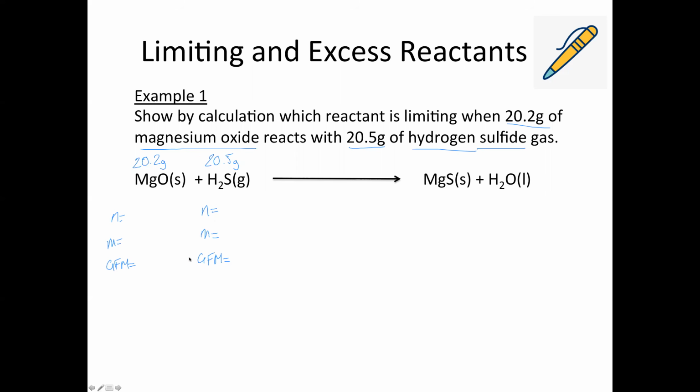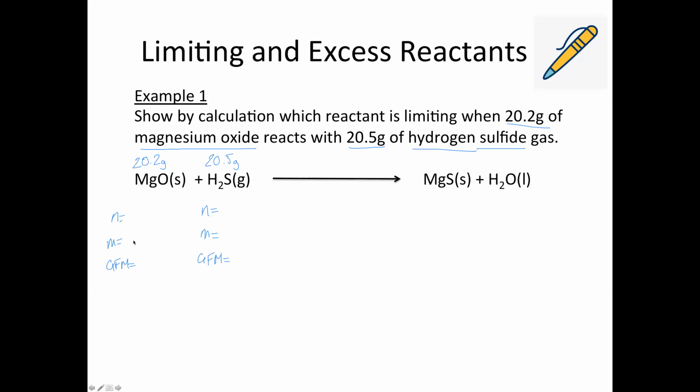If you're given the quantities of both reactants, you will need to do a limiting and excess calculation first before you can then work out how much product you'd make, because it's the limiting reactant that will limit how much product you make. The one that's in excess, you can ignore when you are calculating how much product you're making. However, this question is just identifying which is limiting and which is in excess.